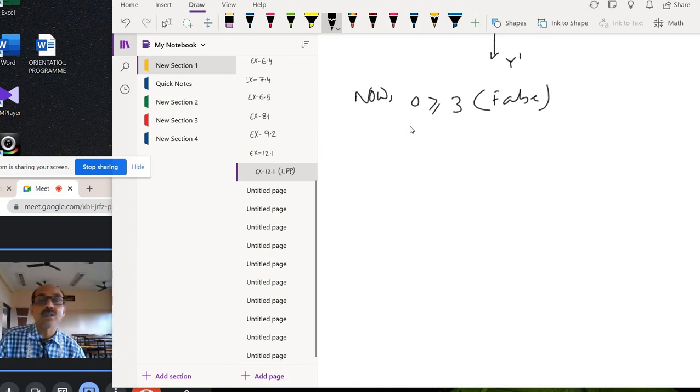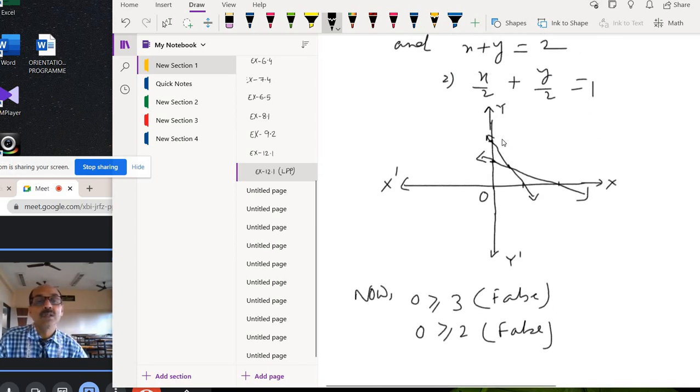And 0 greater than equal to 2 is also false. So the direction will be away from the origin, that means outside. So this side, and this is also this side.